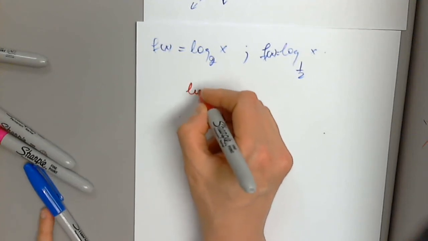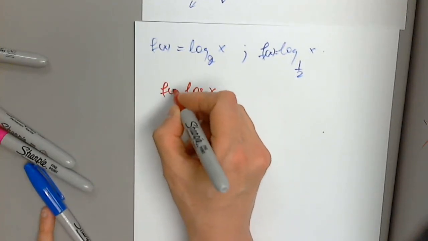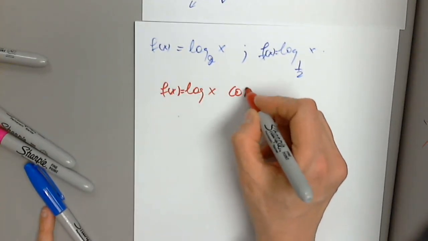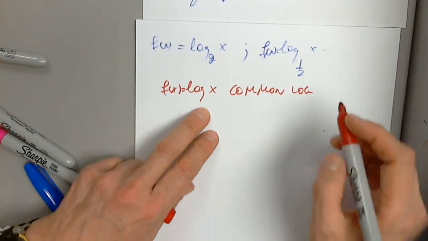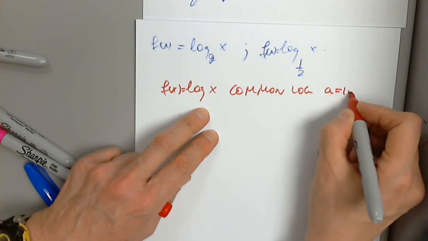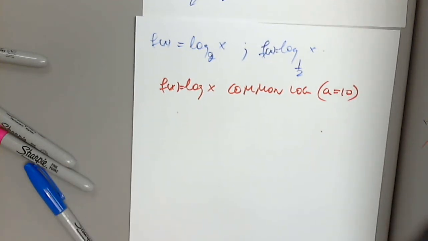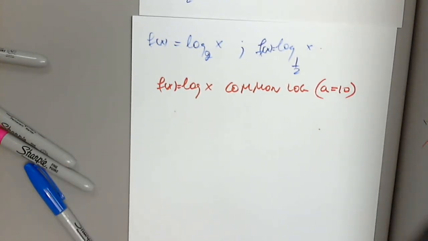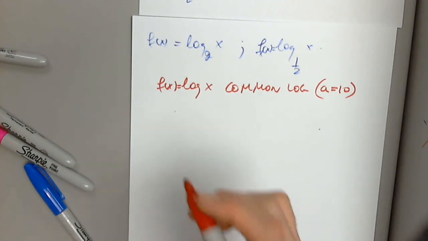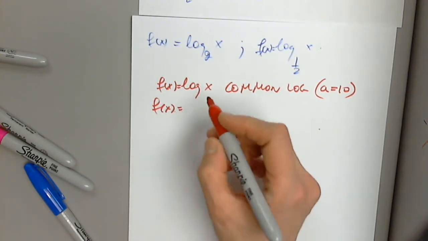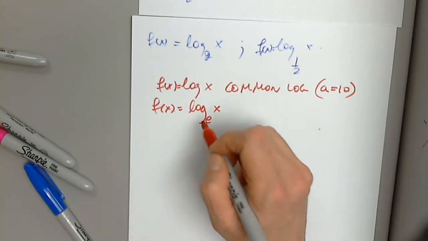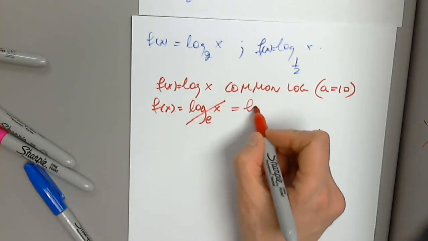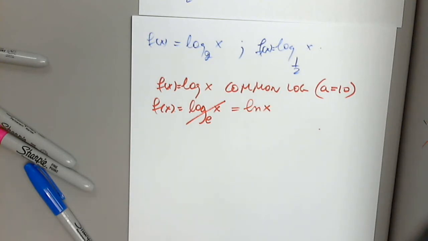So if we look at log x, this is common log, where the base is 10 and we don't write it. A is 10. We don't write it by convention. Like with the square root, we don't write the index. The other possibility is log base e of x, which we don't use, but we write ln x.